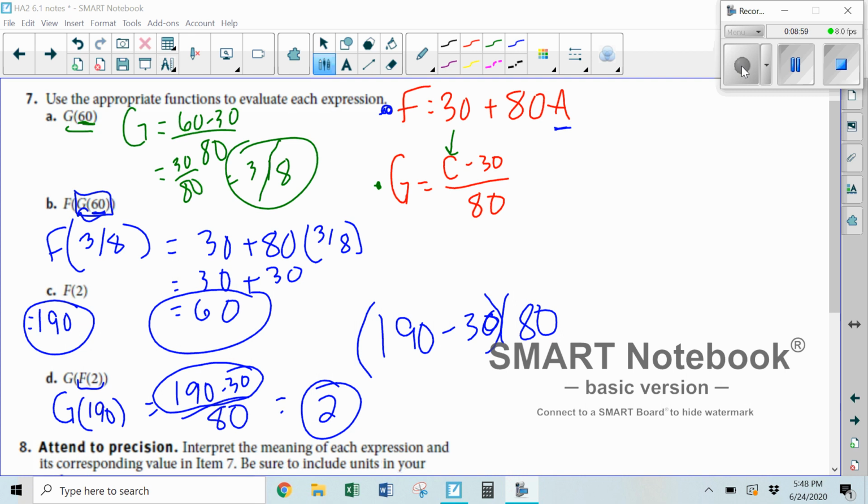Part B, it costs $60 to mow the number of acres you can mow for $60, which sounds kind of confusing, but that's because it's a composite function. We put a number in, and then we put it into something else. We actually got 60 again. Part C, it will cost $190 to mow 2 acres.